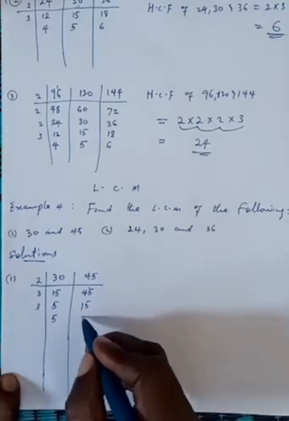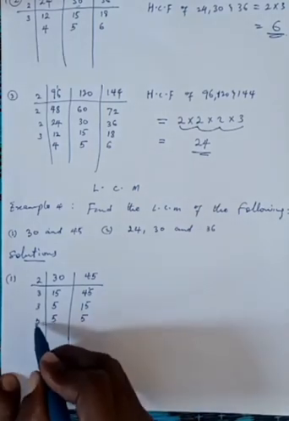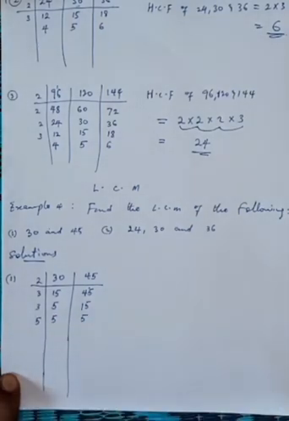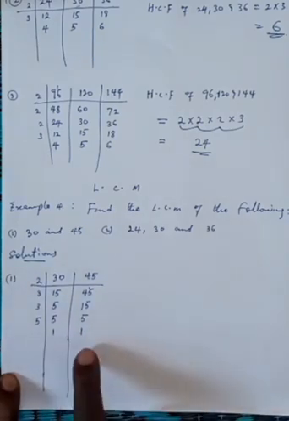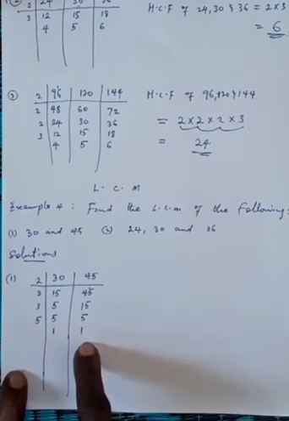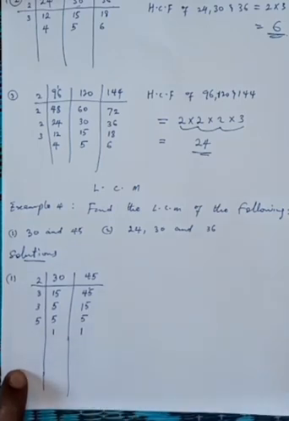And 3 in 15 gives 5. The final number we can use for our division here is 5. 5 in 5 is 1. 5 in 5 is 1. That was the reason why I said in the case of LCM division, we divide until each number given to us becomes 1.